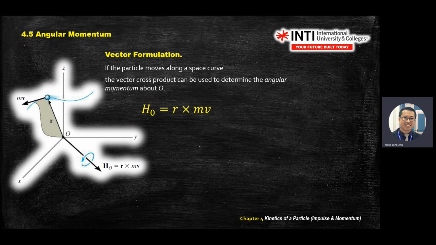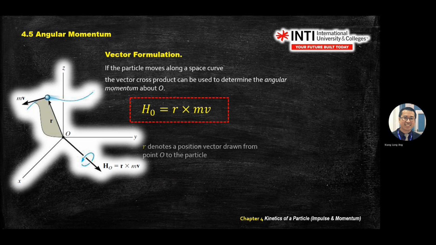The 90-degree arm will tell you the curl of your fingers, so it will tell you that this one is anti-clockwise and points in the direction of your thumb. Okay, so this is how you tell the direction of your angular momentum.